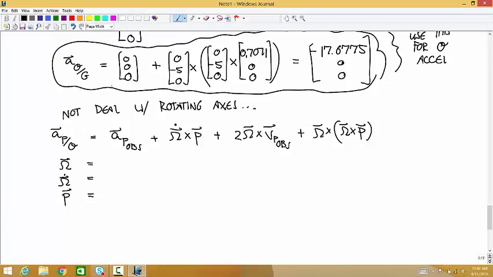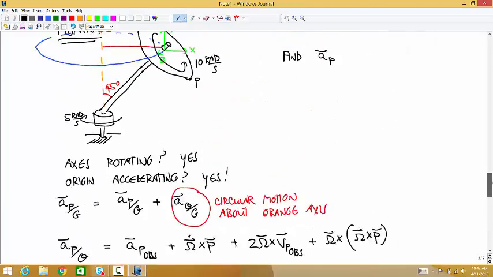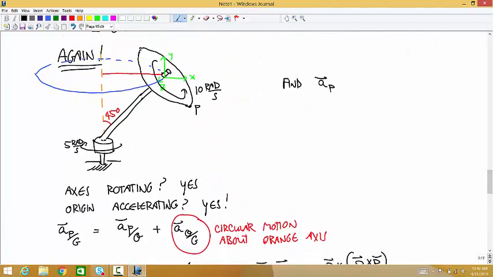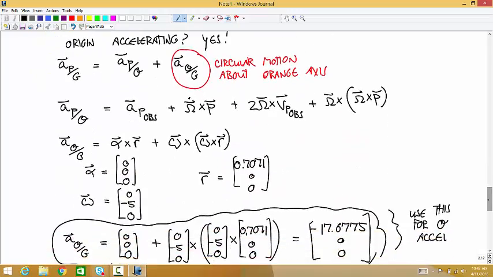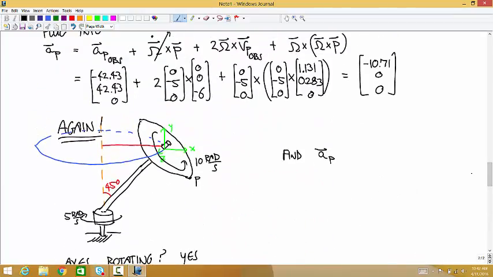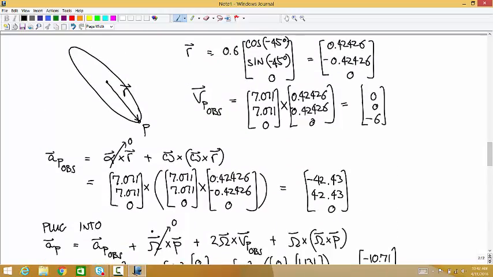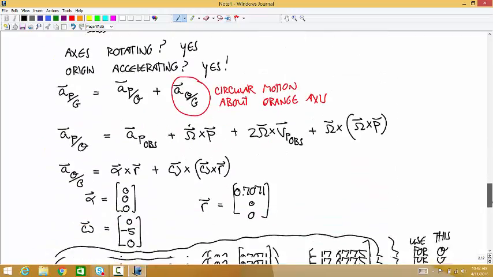The position vector is different this time. So omega is equal to 0, negative 5, 0. Omega dot is 0, 0, 0. And the position vector now just goes from the center of the disk to here. So that's 0.6 times 0.7071, negative 0.7071. And we had that earlier. That's this 0.42426.